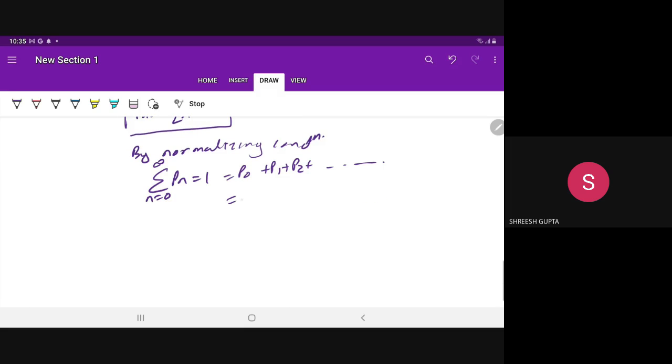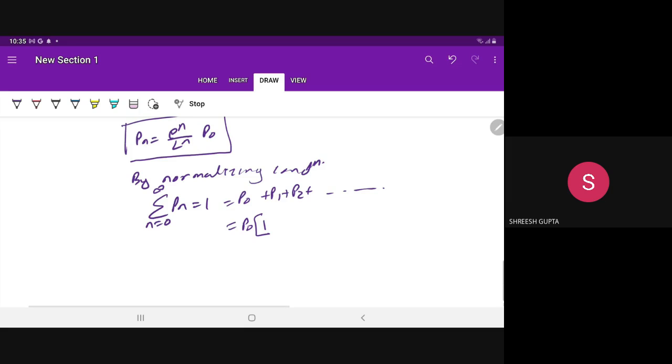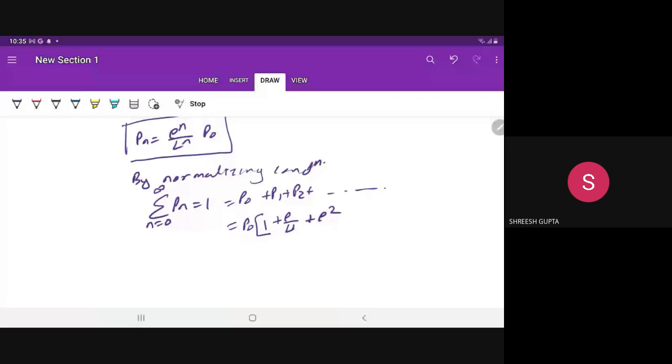So from all of these we can take P naught common. So here we have 1 plus rho by factorial 1 plus rho square upon factorial 2 plus rho cube upon factorial 3 plus ... rho to power n upon factorial n plus and so on.